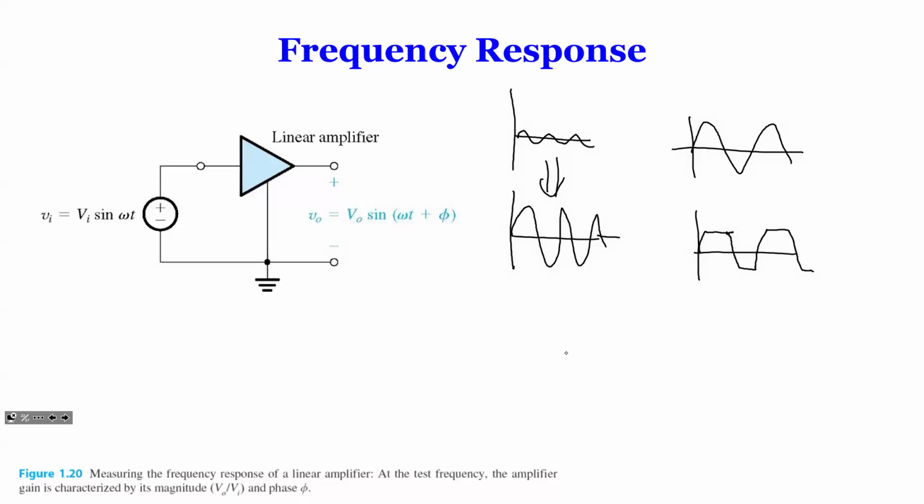But we do add a little phase inside. That's called a phase shift, which means you can have, say, this as your input, but your output could be like this.